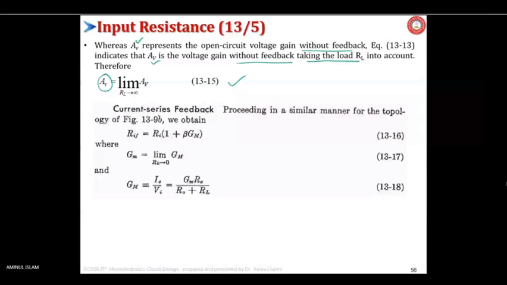Now, if you go ahead to discuss the current series feedback, you will get these equations. Similarly, proceeding in a similar manner by the topology of figure 13-9b, we obtain RIF equals Ri into 1 plus beta Gm, where Gm equals the limit of Gm when RL tends to 0, and Gm equals Io by Vi equals Gm Ro by Ro plus RL.